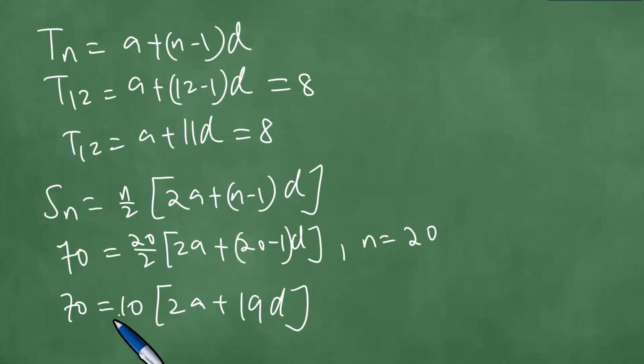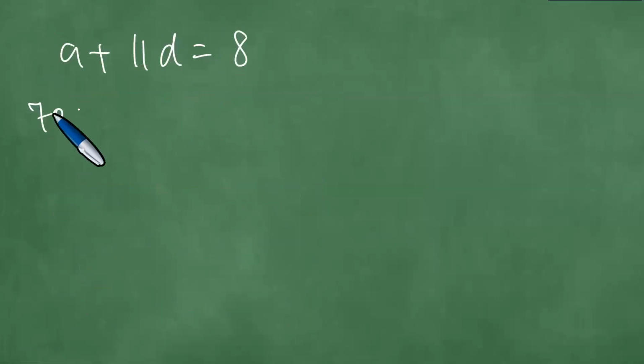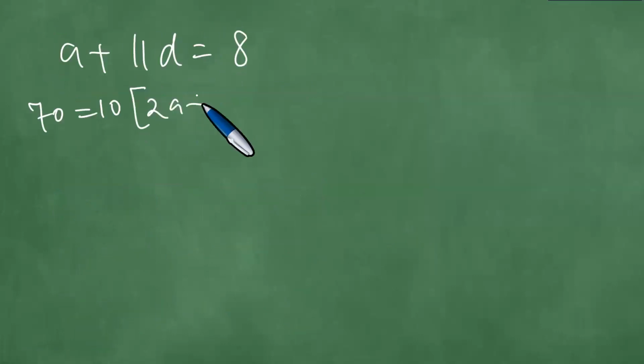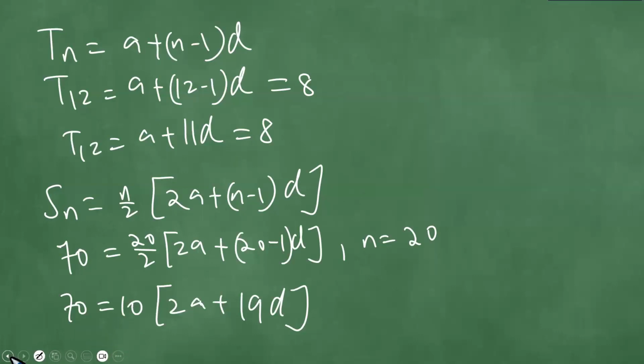But we also have this one, which is 70 equals 10 into 2a plus 19d.